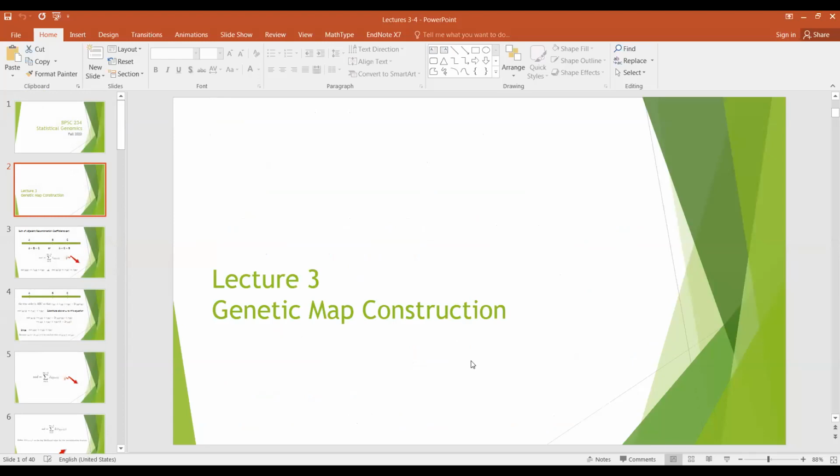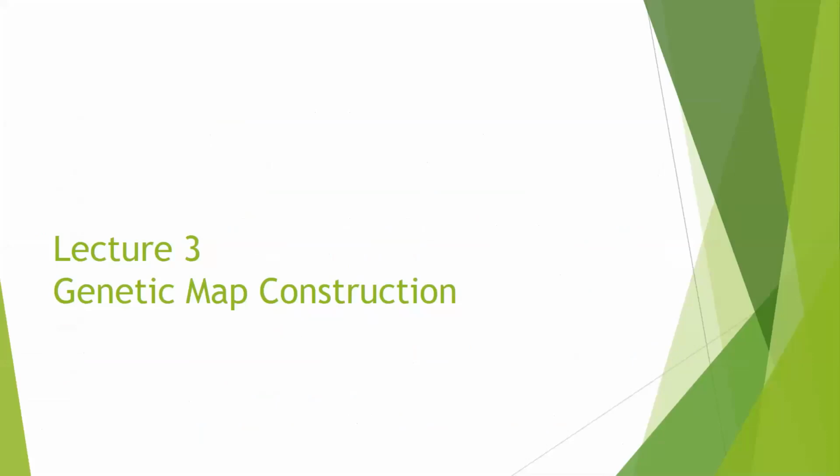All right, genetic mapping construction. What have we learned so far for the first two chapters? How to estimate the recombination fraction. Yes. So in the first chapter we learned about the map functions, right?